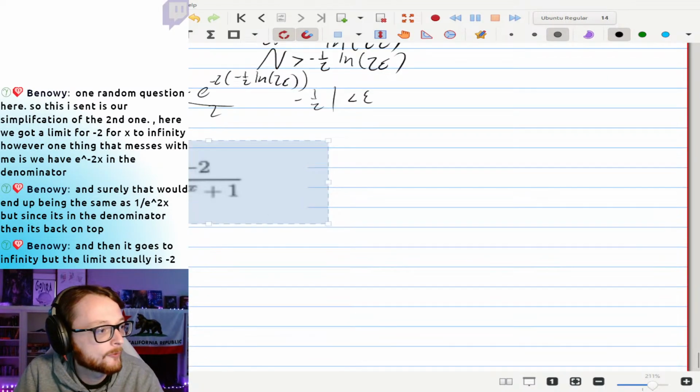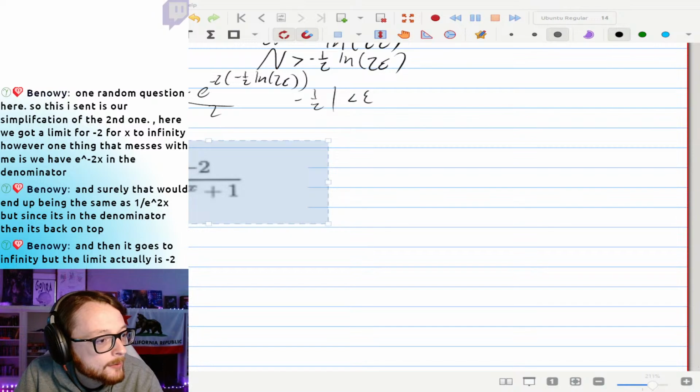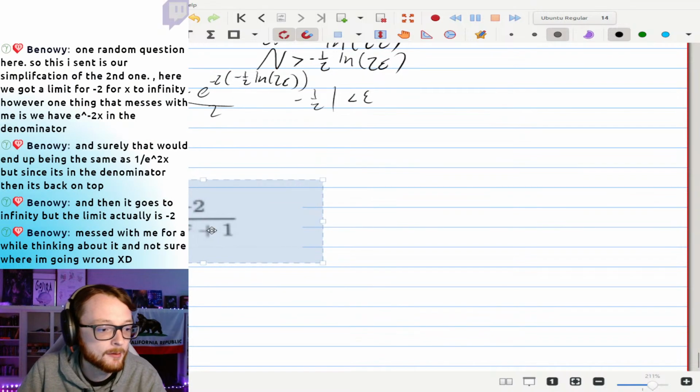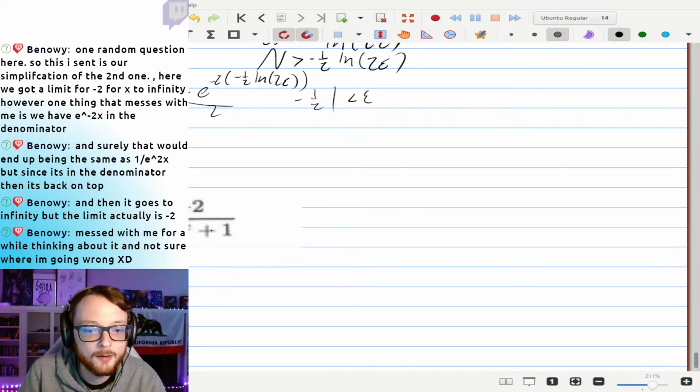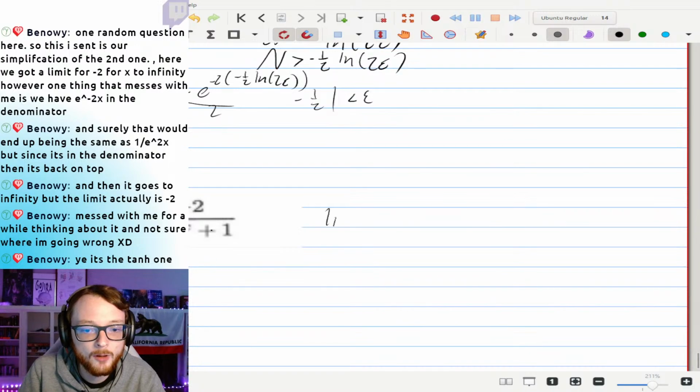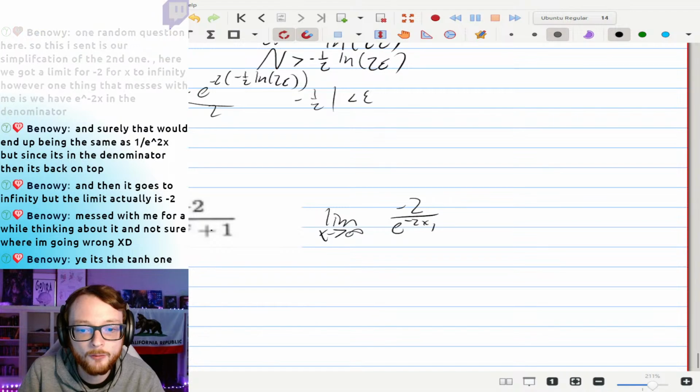So this is for a separate function. Oh, for the one with the fraction. Okay. Yeah. So if this is limit as x goes to infinity, minus 2 over e to the minus 2x plus 1.